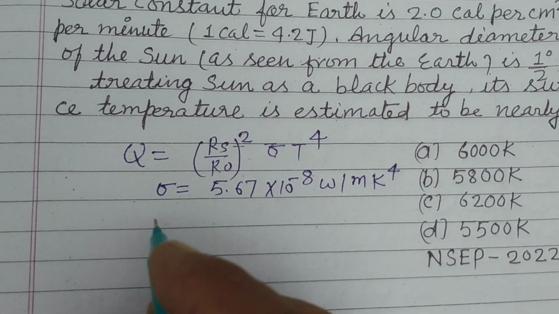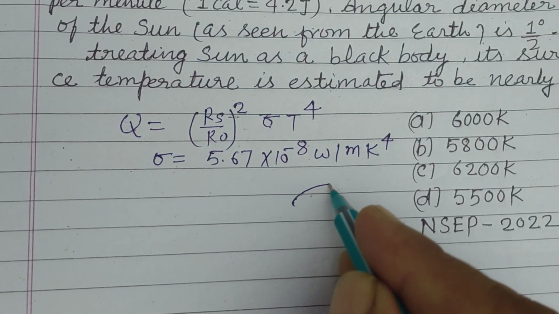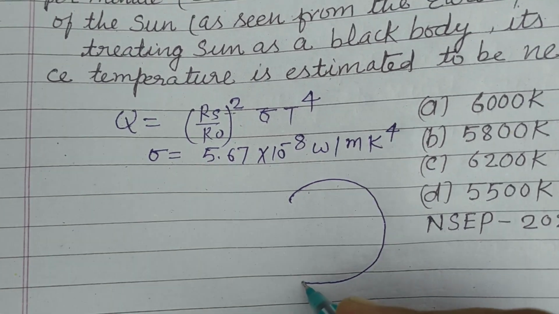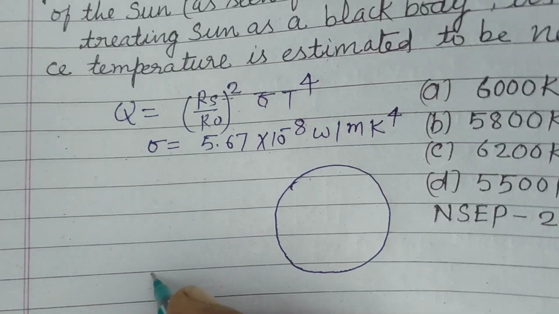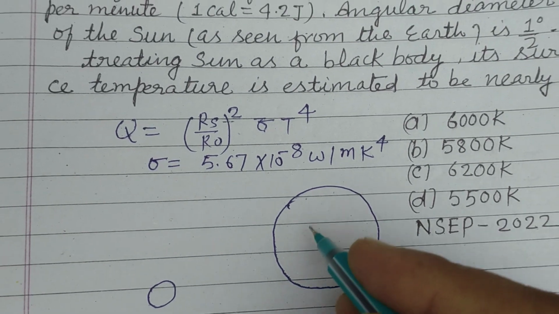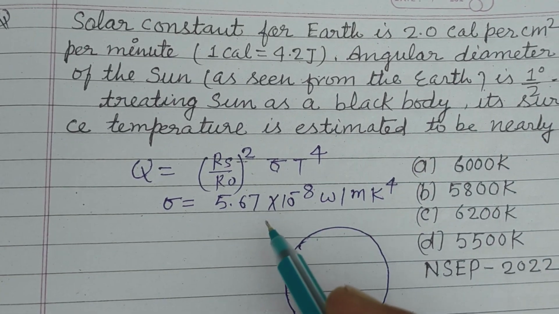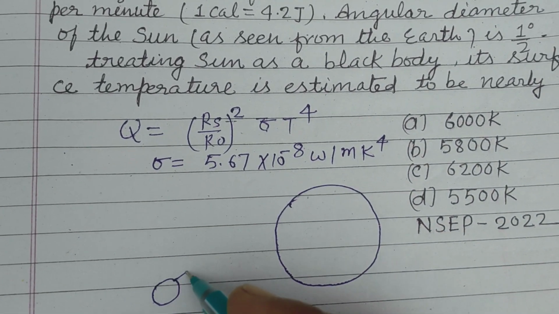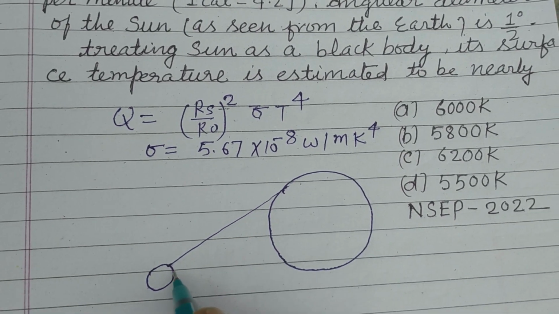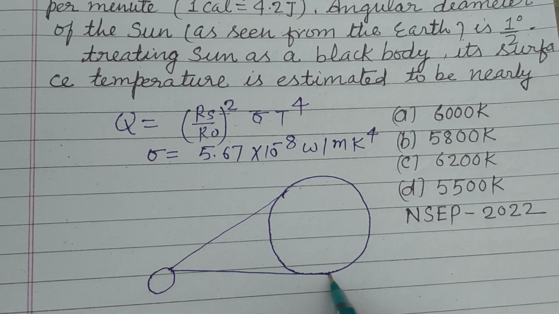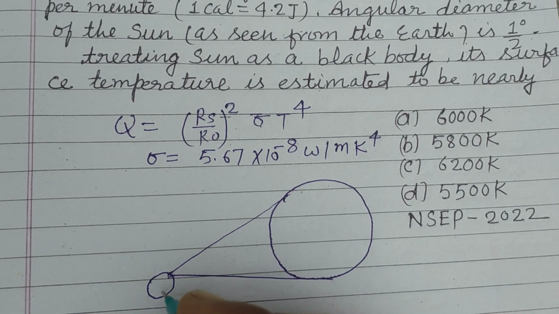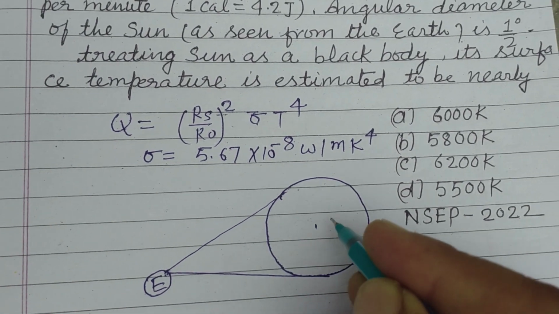Here we have this is the sun and this is the earth. The angular diameter of the sun is given. Angular diameter means this angle when we take tangents from the earth to the sun.